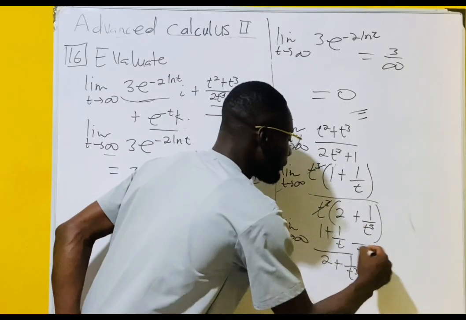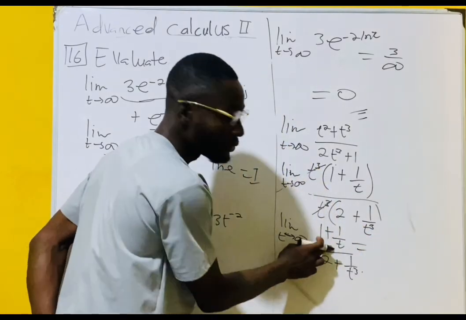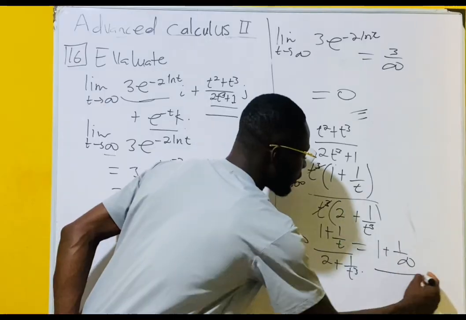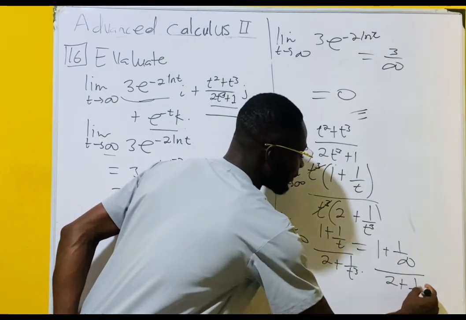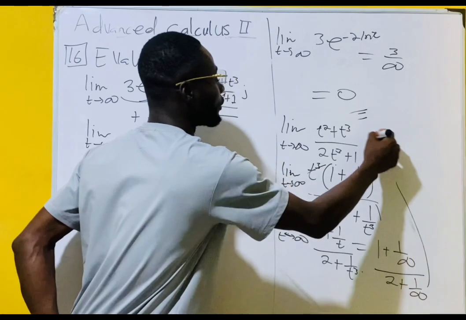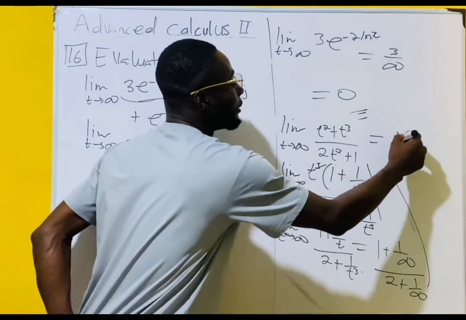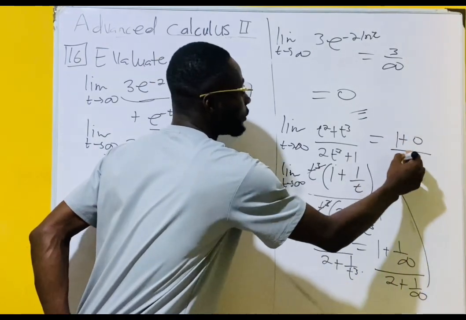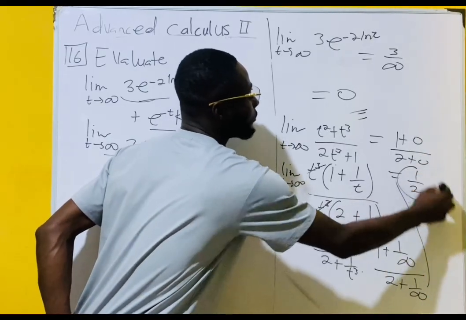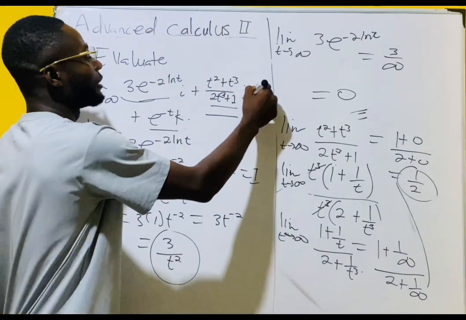We have 1 plus 1 over infinity all over 2 plus 1 over infinity, which is equal to 1 plus 0 over 2 plus 0, which is equal to 1 over 2.